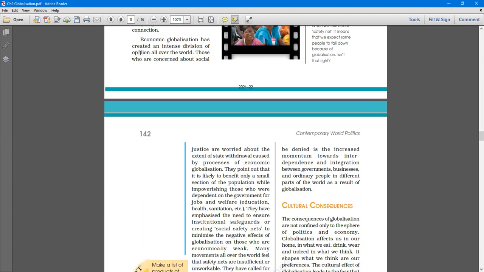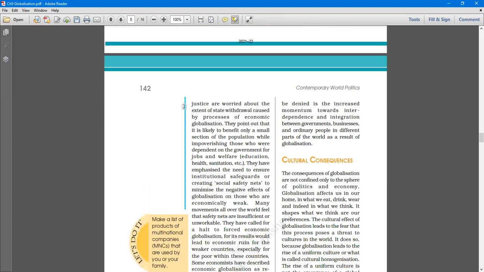Economic globalization has created an intense division of opinion all over the world. Those who are concerned about social justice are worried about the extent of state withdrawal caused by the process of economic globalization.